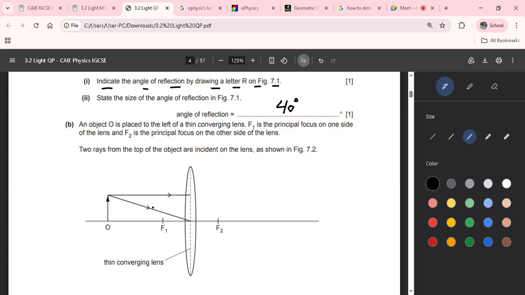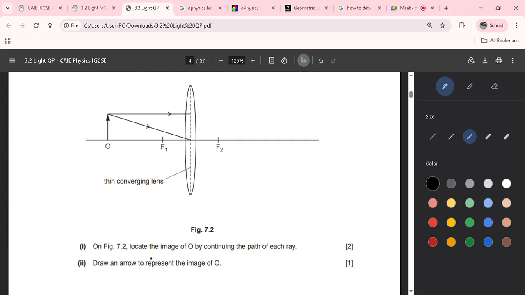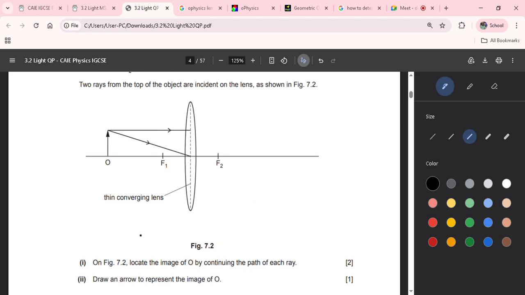So this is the ray, this is the ray. On figure 7.2, locate the image of O by continuing the path of each ray.